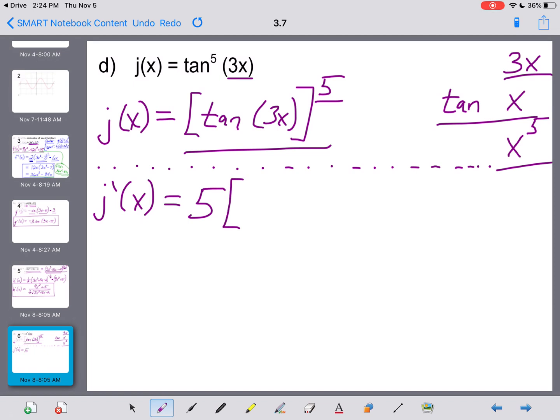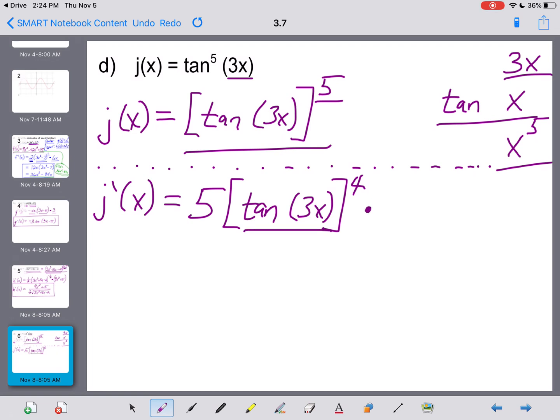Now the base doesn't change at all. The base is still going to remain the tangent of 3x. And that exponent drops by 1 from 5 down to 4. So what we have right here, everybody, if we went back to the very first slide, is f prime of g of x, but the g of x, the base of the exponent, didn't change at all.